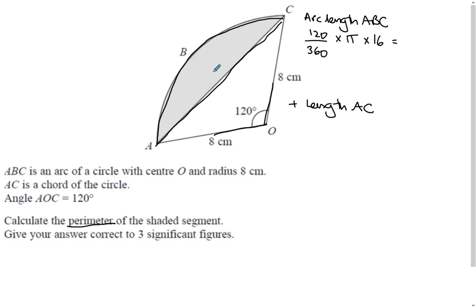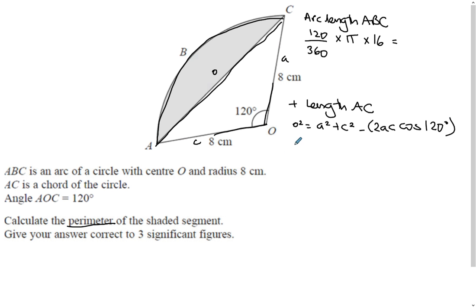So let's just label our triangle. That's O, that's A, that's C. So we're going to go O squared equals A squared plus C squared minus 2AC cos 120.